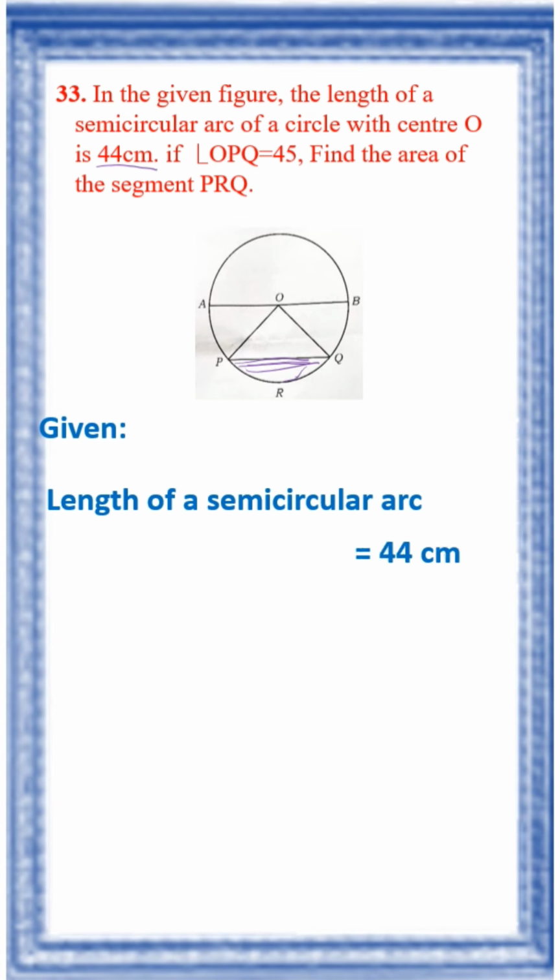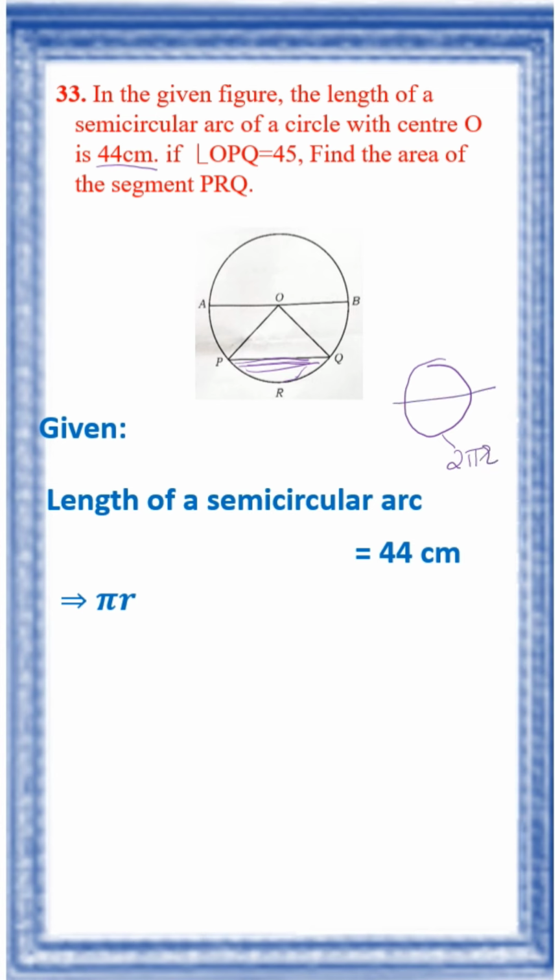So now we can find the radius. We want radius to find the area of the sector as well as area of the triangle. How can we find it? Length of the semicircular arc is pi r. Full circumference of the circle is 2 pi r.